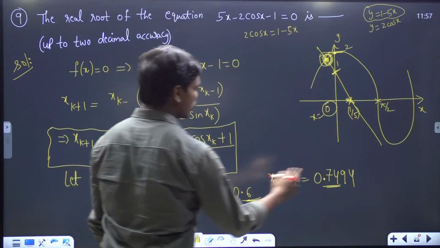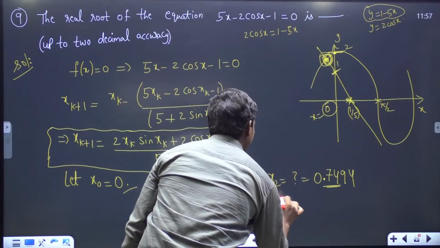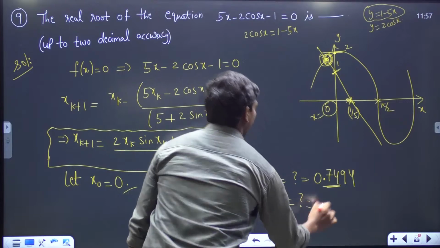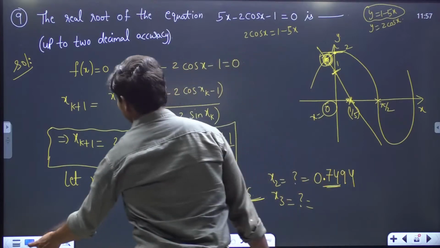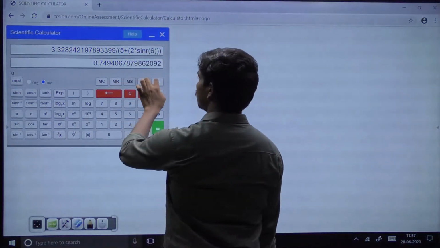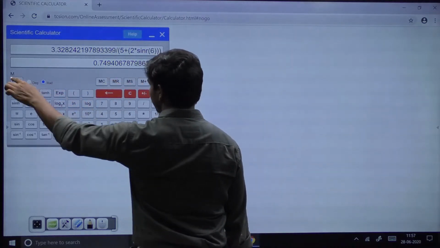Okay, so let us go for the third iteration. x3 is equal to, now 0.7494 is the answer. So let us store this value first of all. If I click ms, I get memory here.